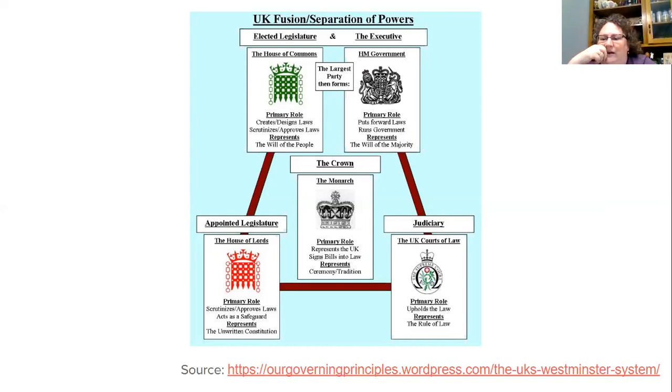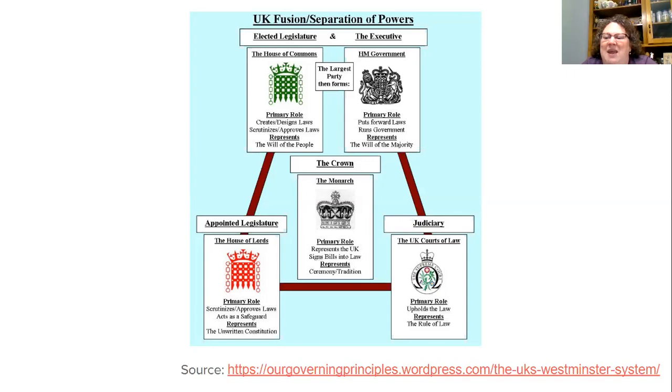There's that great clip at the beginning of, I remember what the movie's called, I think it's called The Queen, where Tony Blair has to go and ask the Queen to form a government. Okay, and remember the House of Lords is appointed. They serve for life. It is very prestigious to be appointed. They have very little power.